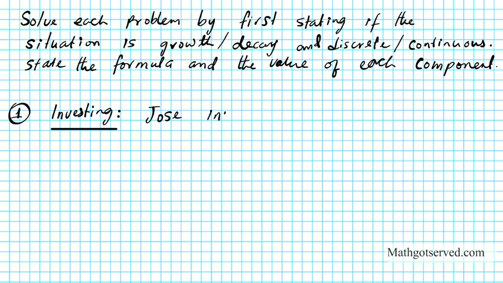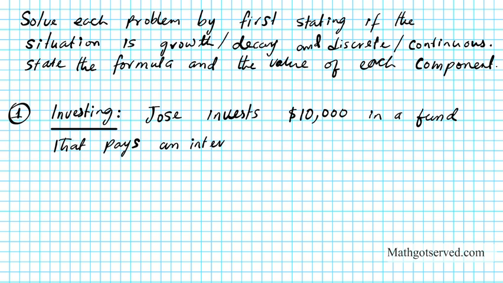Jose invests $10,000 in a fund that pays an annual interest of 15%, which is pretty good, once per year.